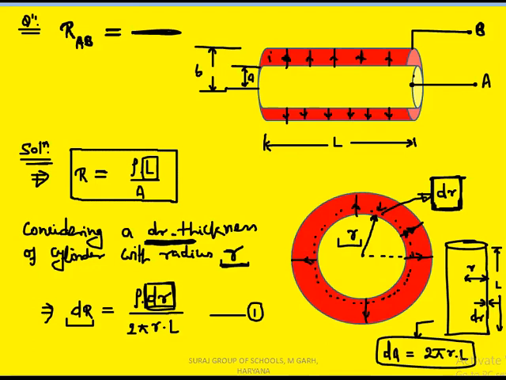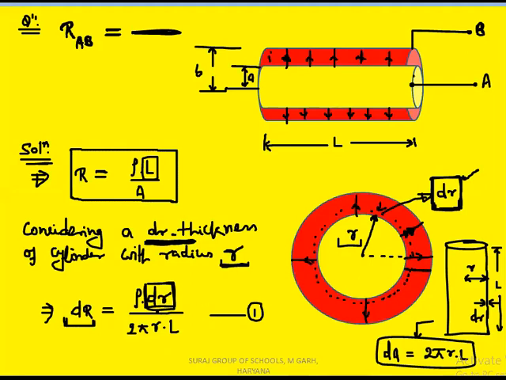In the direction of flow of current, the length is taken as dr for this smaller section, and the length of this dr thickness of the cylinder will be L only, because you will choose the cylinder for the complete length, and the area at radius r of the cylinder will be 2 pi r L. So for every dr thickness from the inner surface to the outer surface, the area faced by the current is actually varying.